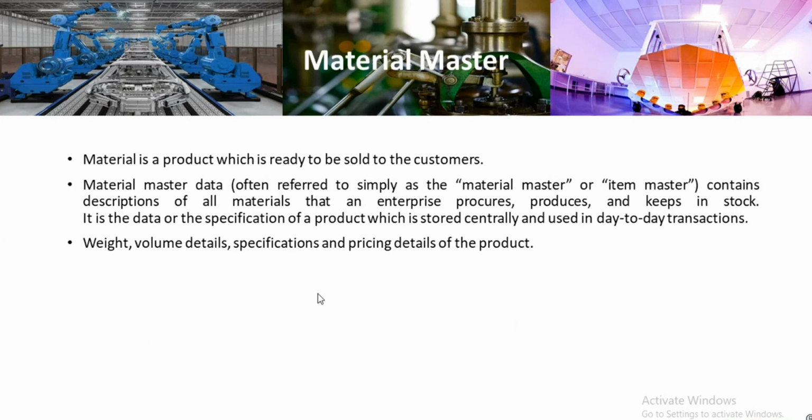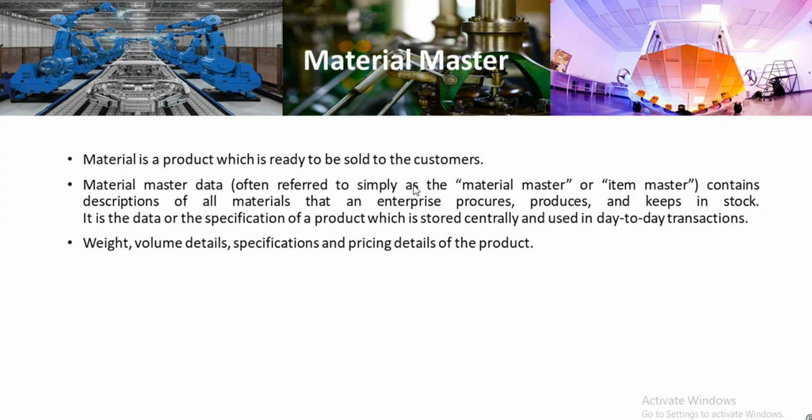Next will be the material master. Apart from the customer master, the material master is there. The material master will be created by the other team, but meanwhile sales views and accounting tabs are also there. That's why from the SD perspective we are also maintaining the material master from our end. What is a material? A material is a product which is ready to be sold to the ultimate customer, which I have already mentioned.